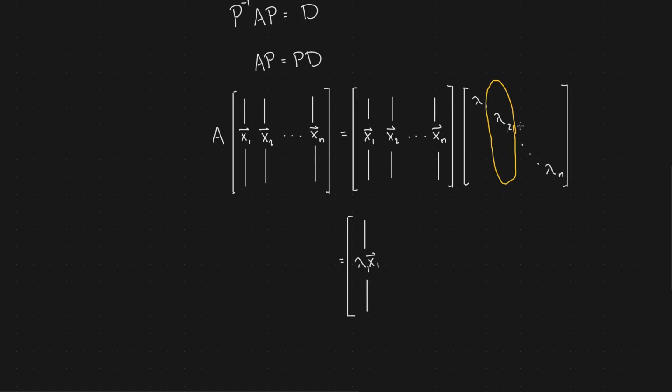And so if I take the dot product of this column with each row in the first matrix, the only entries that will matter here are the entries in column x2, because everything else will be multiplied by the zeros in this column. Okay, so I get lambda 2 x2. And so on until I get lambda n xn.